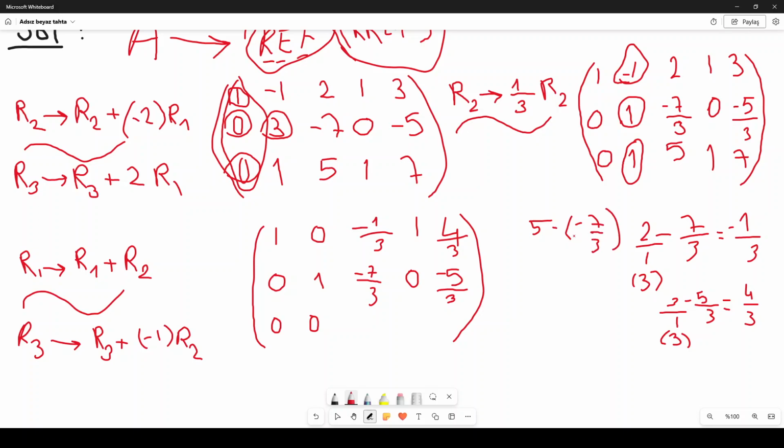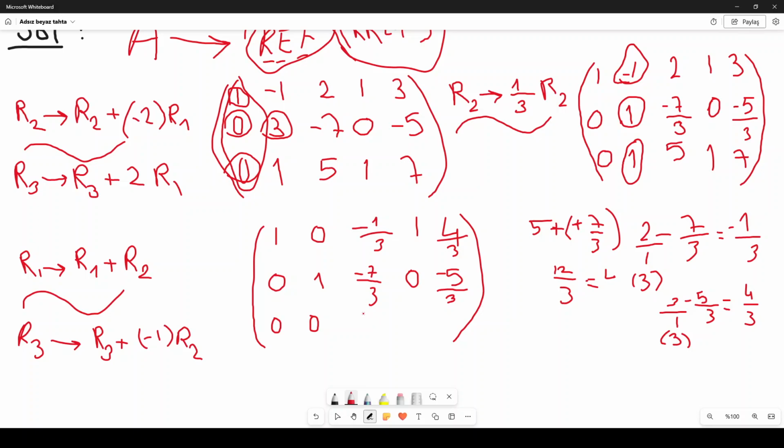So with respect to the rule of subtraction in the rational numbers, this becomes plus, and it is 12 over 3, which is equal to 4, right?